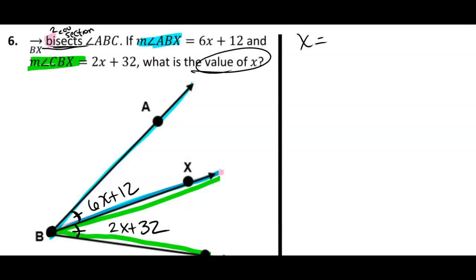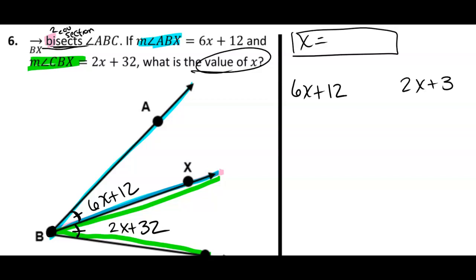So let's put our answer box, x equals, so we answered the question. So we have these two expressions, 6x plus 12 and 2x plus 32. Because they're bisecting, we know they're congruent. So if they're congruent, we know they're exactly the same. So we're going to use the equal sign to show that they're exactly the same. And our equation is set up for us.